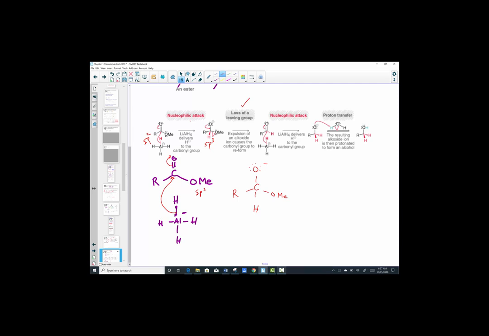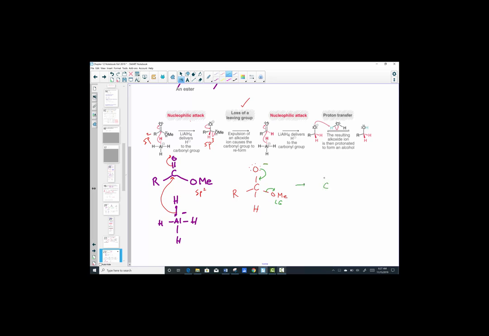The alkoxide ion causes the carbonyl group to reform. So in essence, the leaving group is going to leave. Here is this negative charge. This extra set of electrons reestablishes the pi bond, forcing the OMe, the methoxide, to act as a leaving group and be expelled from this molecule.